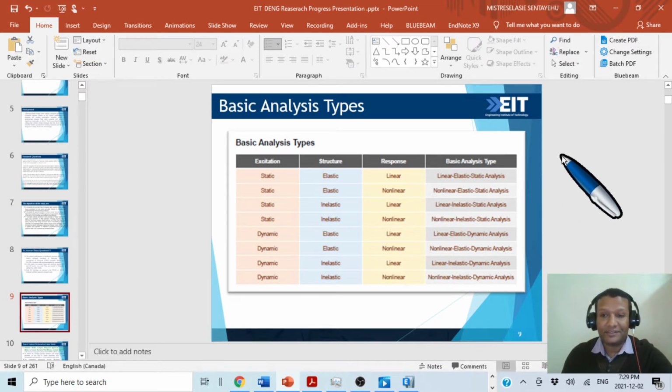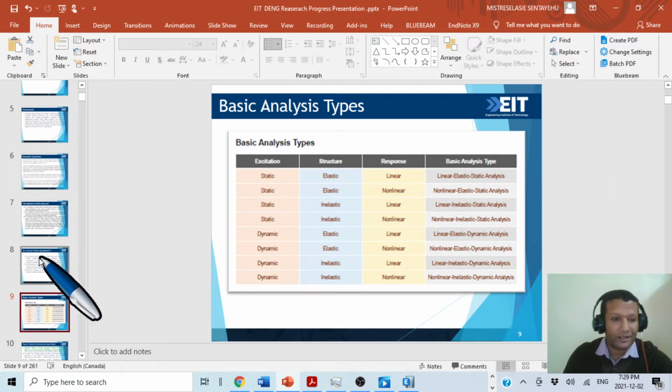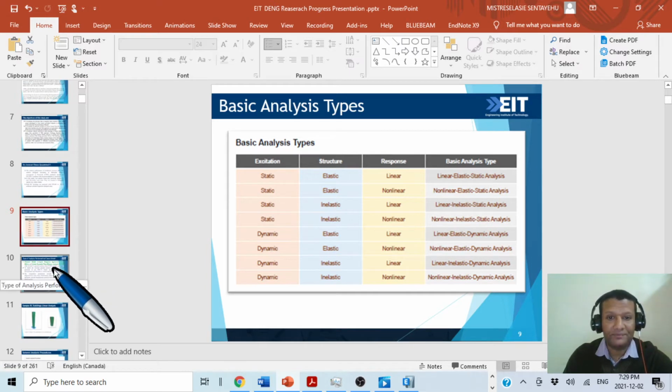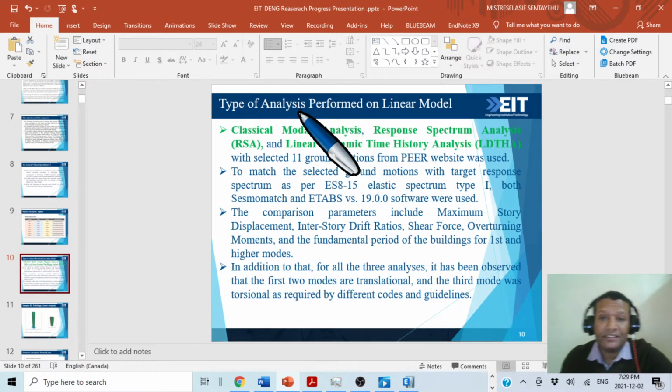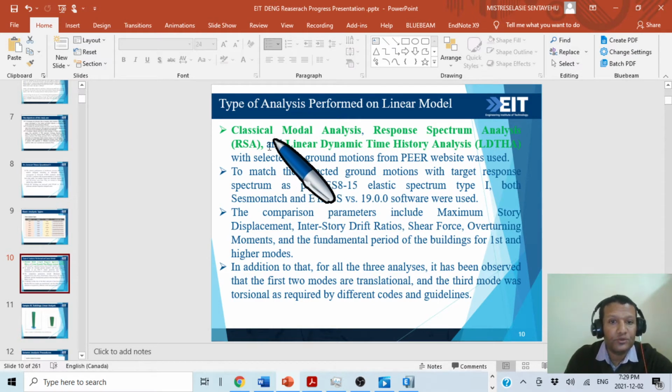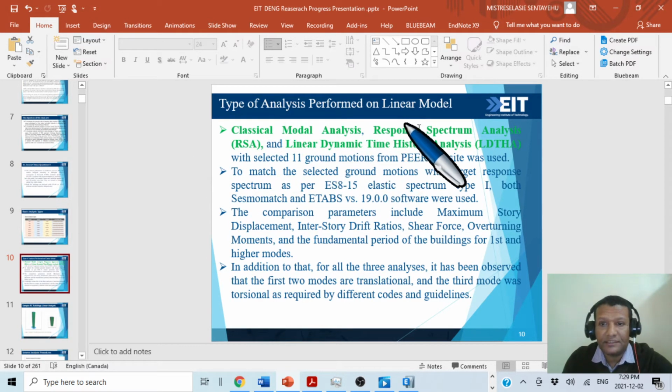The first are classical modal analysis, and we will come to why we are going to do this. Type of analysis performed on linear models: as I told you, classical modal analysis, response spectrum analysis, and linear dynamic time history analysis.